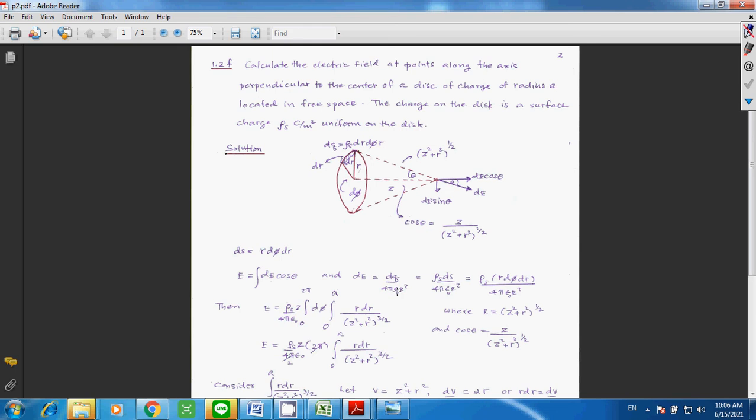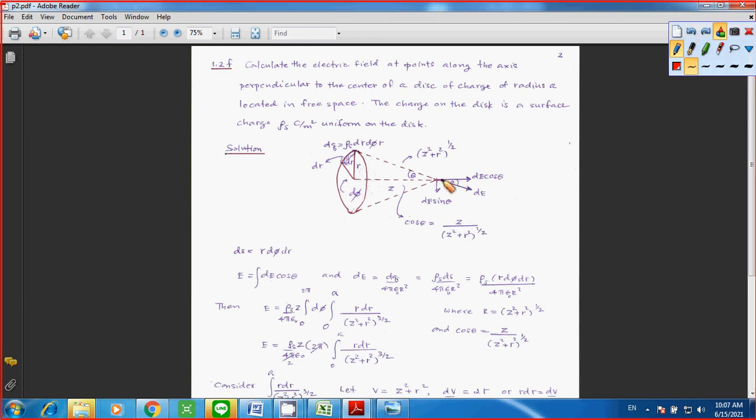And one point is that the electric field along the axis of your disk has only a perpendicular component to the disk. This means from the picture you have only the Ex component. You don't have an Ey component, because the Ey components are cancelled out. Okay, that's the conclusion from the problem.